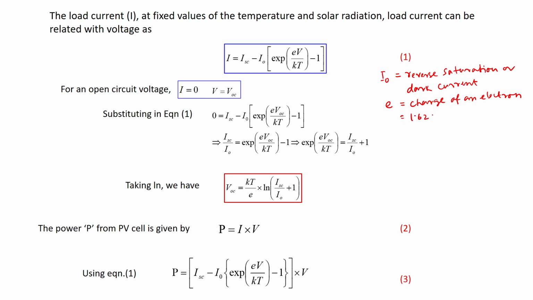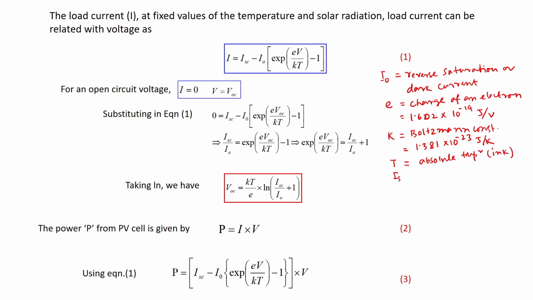And its value is 1.602 into 10 to the power of minus 19 joule per volt, and K is the Boltzmann constant, and its value is 1.381 into 10 to the power of minus 23 joule per Kelvin, and T is the absolute temperature in Kelvin, and ISC is the short circuit current.